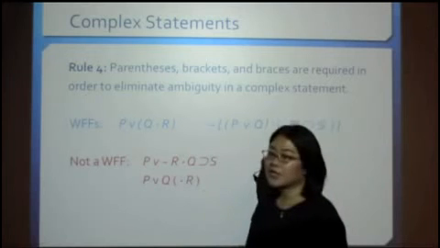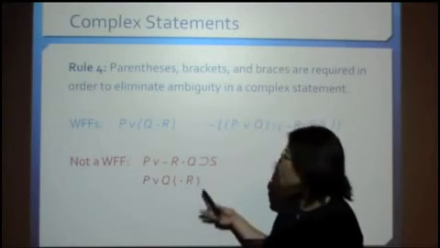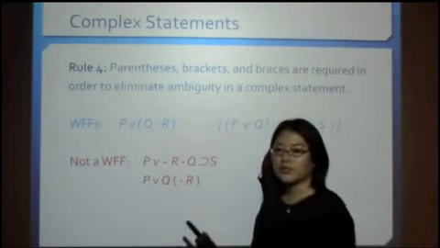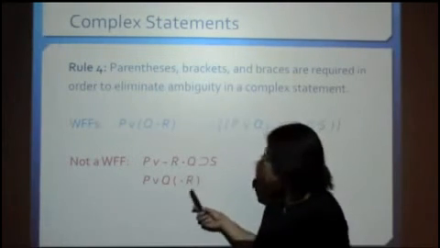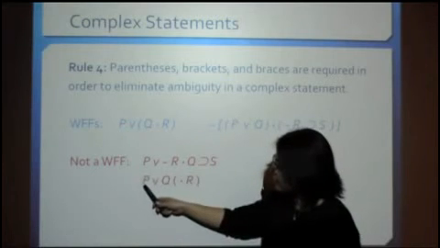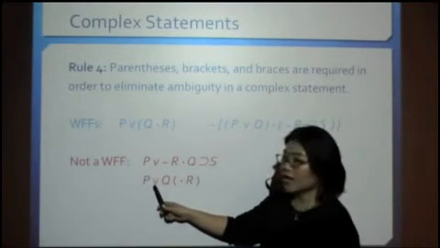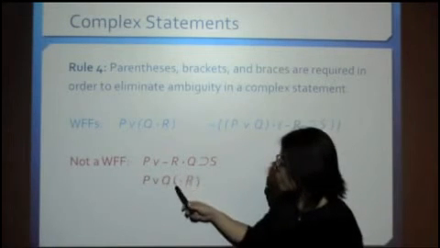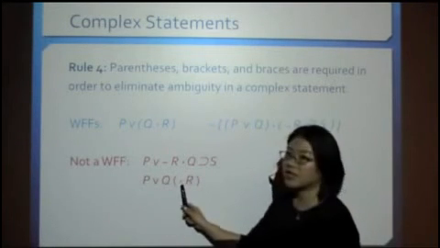Here's another example here of not a well-formed formula. Now, although this has parentheses in it, the parentheses are not used correctly. Okay? So consider here. So we have the statement P, then wedge, then Q, and then we have a parentheses here in between the Q and the conjunctive dot.